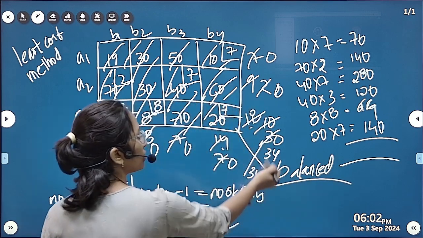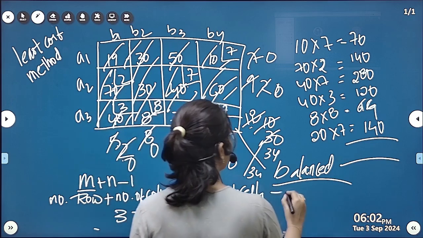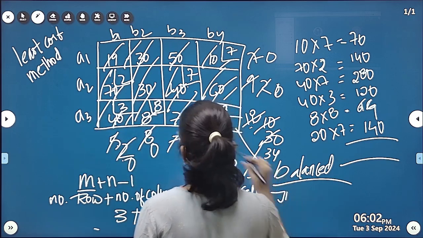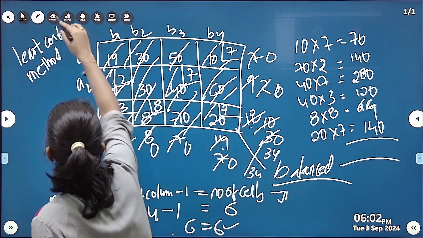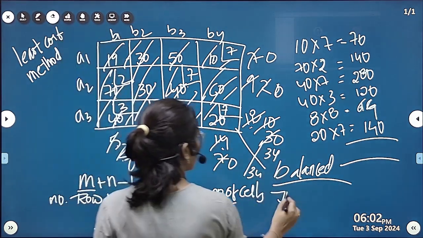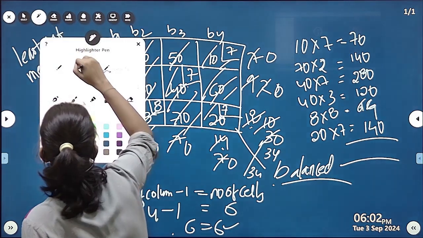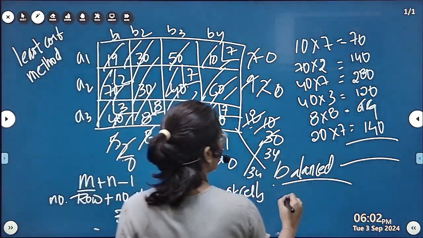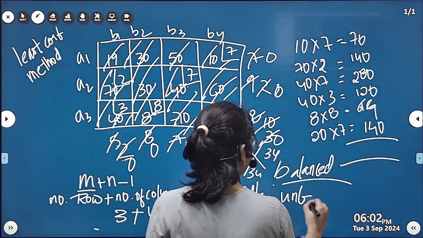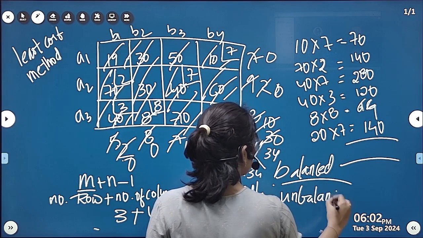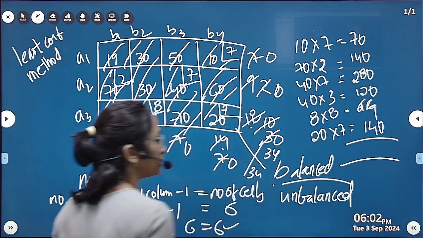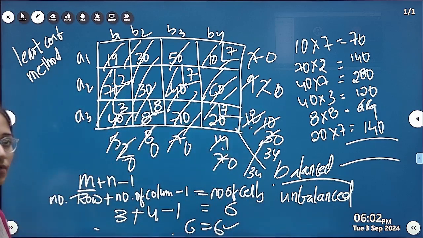When the amounts are not equal, then it is termed as unbalanced. So what do we have to do with an unbalanced question? We have to balance that by introducing a dummy matrix.